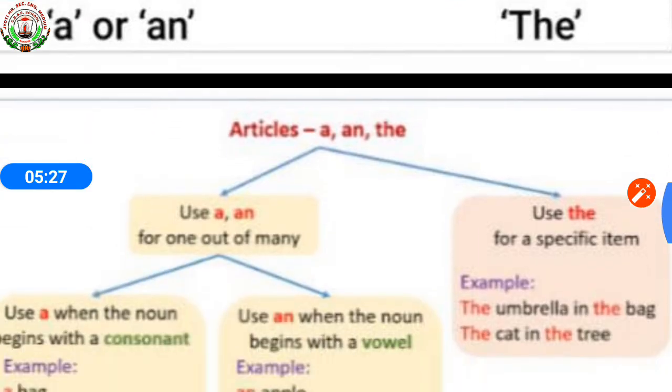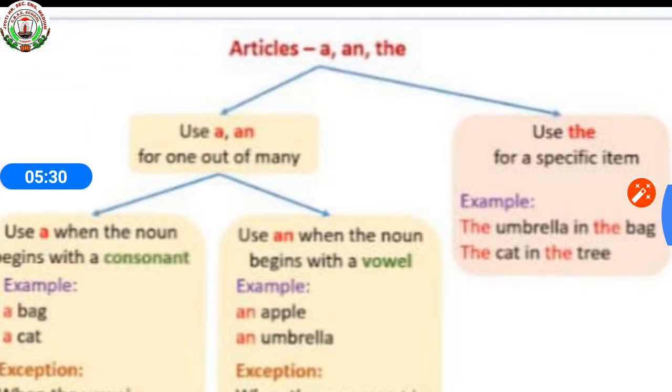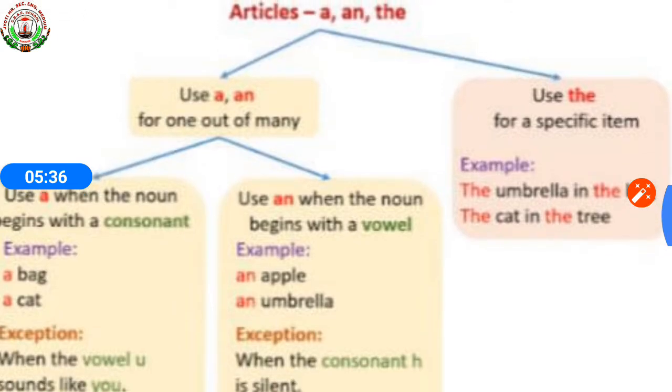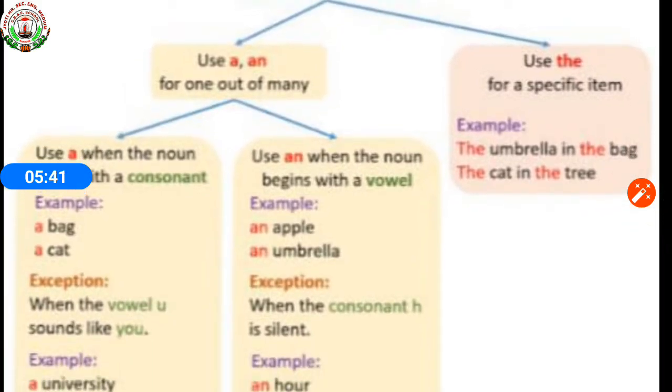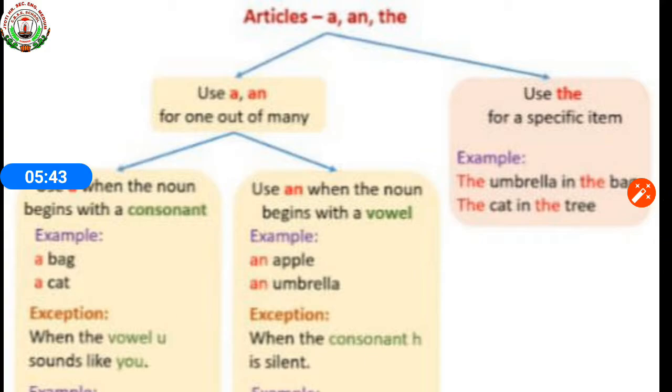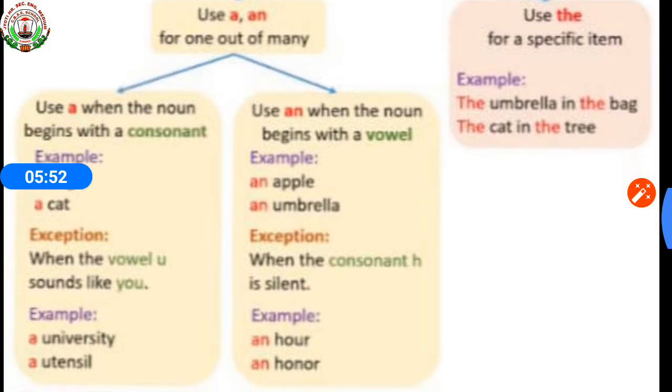Now, here we see about articles a and the. So, where we use a and an, we use a and an for one out of many. Basically, we can use a when the noun begins with a consonant.